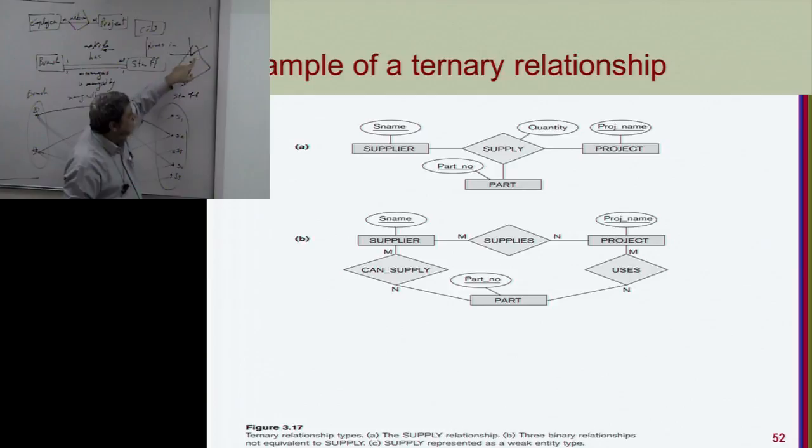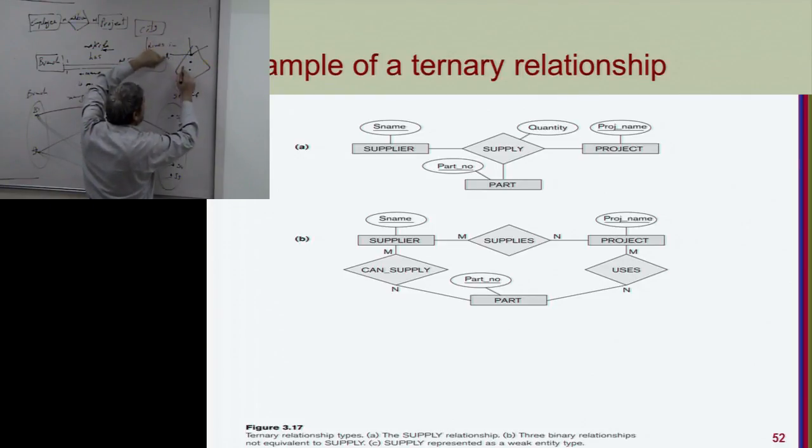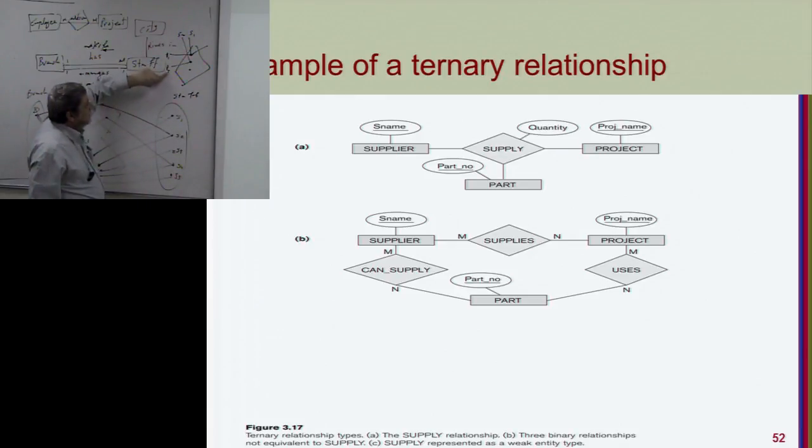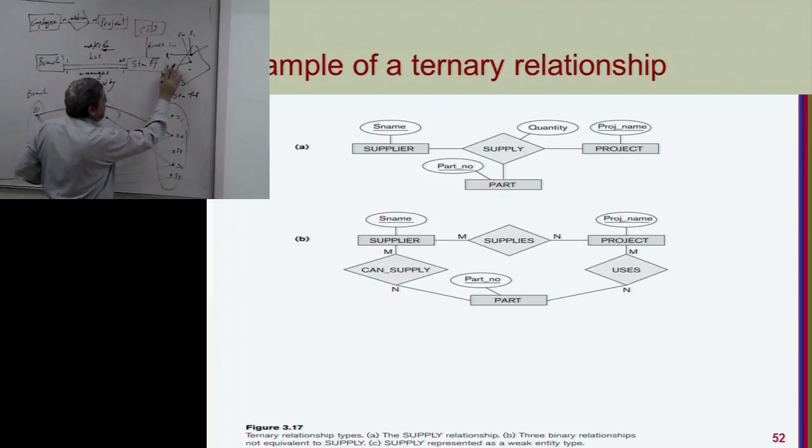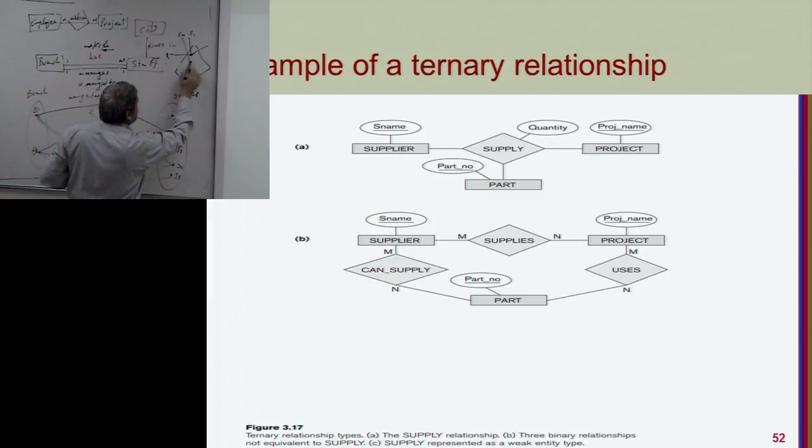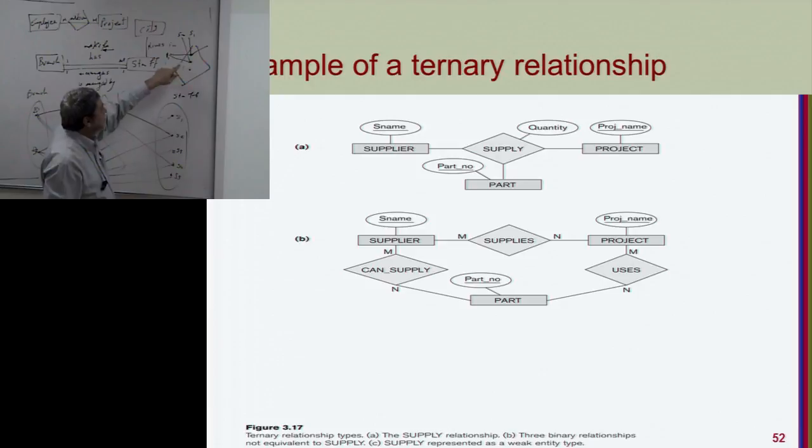And then go and see which P1. Suppose that this is P1, and this is also P1, and this is S1, and this is S2. This is P1 as well, the same P1. Okay, so go to P1 and see what are the relationship occurrences.